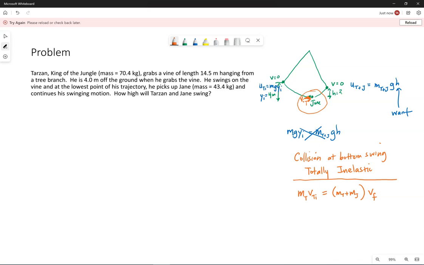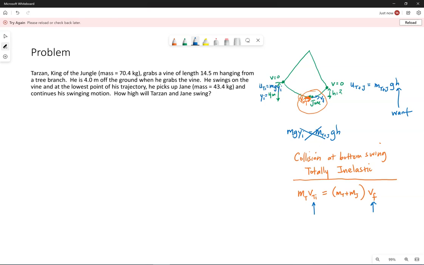By conservation of momentum, we can relate how fast Tarzan is moving right before he picks up Jane to how fast they're moving together after. Now, we don't know either of these speeds. We know the direction according to my picture, but not the values. So we have two unknowns, meaning we need some other equations.